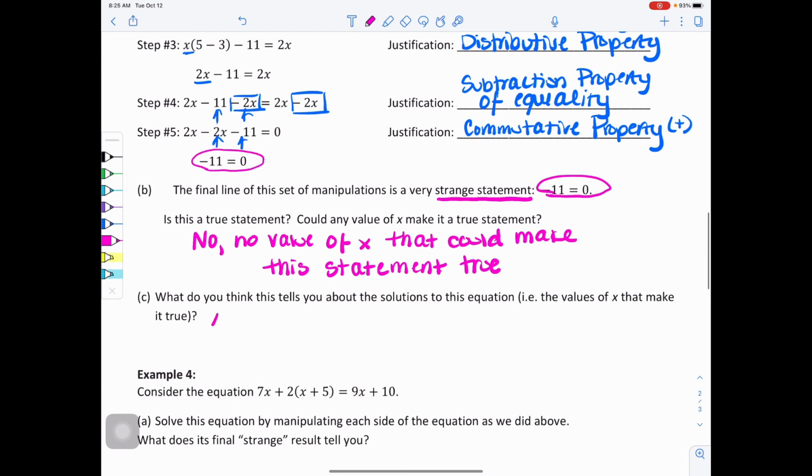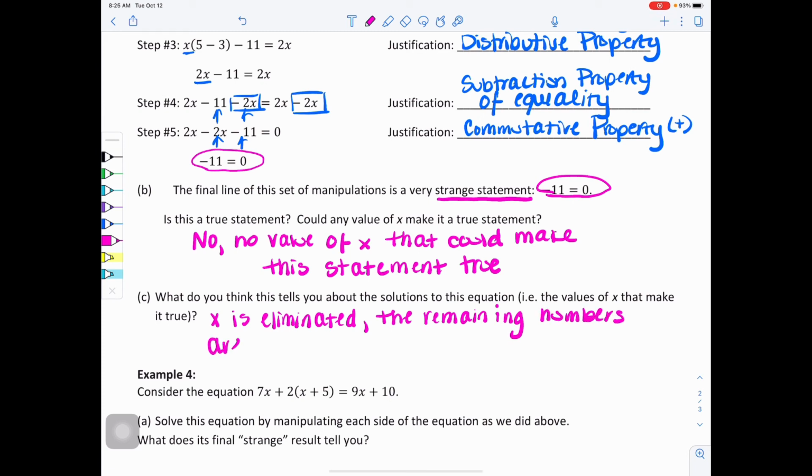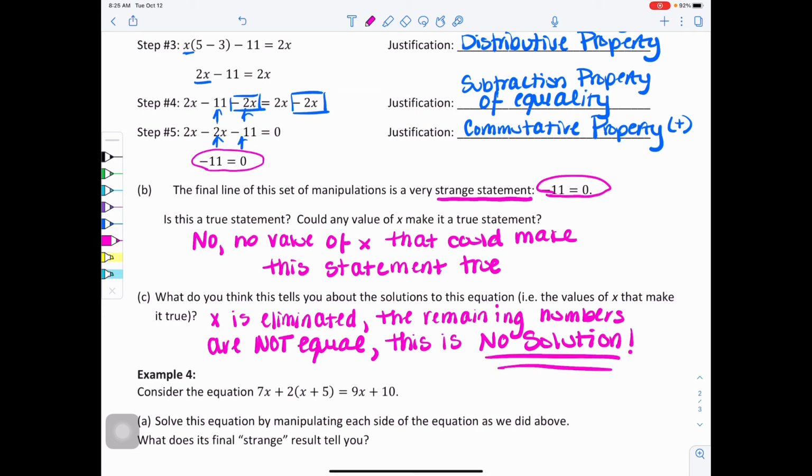So because x is eliminated, and the remaining numbers are not equal, this is no solution. Okay, so this is an example of an equation that has no solution.